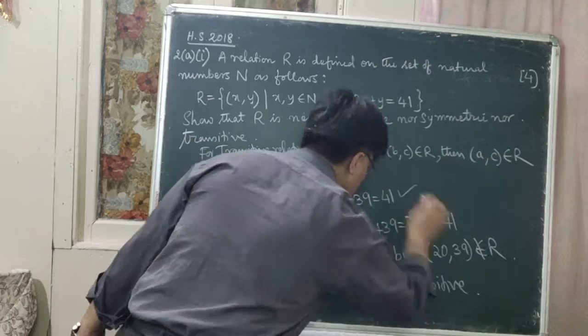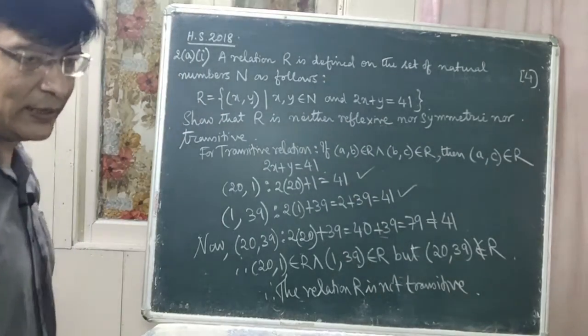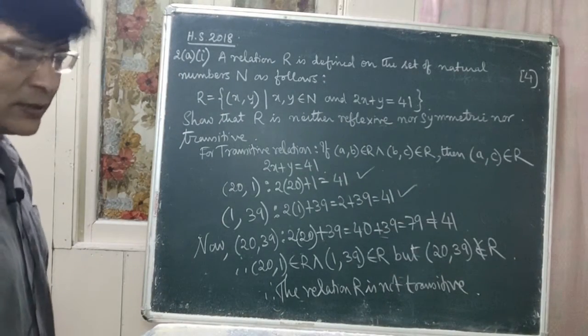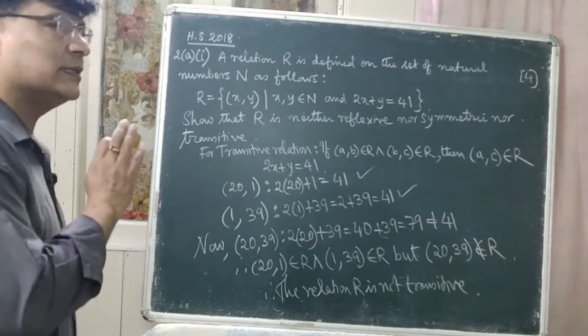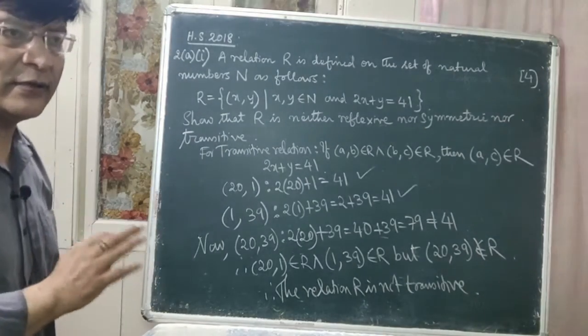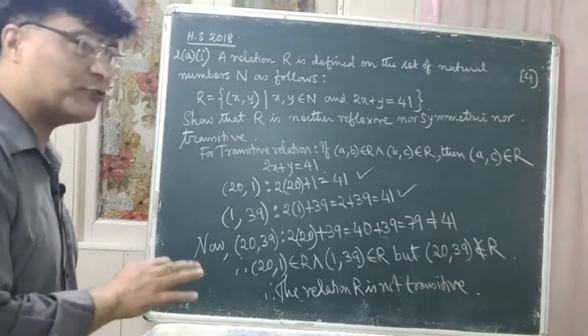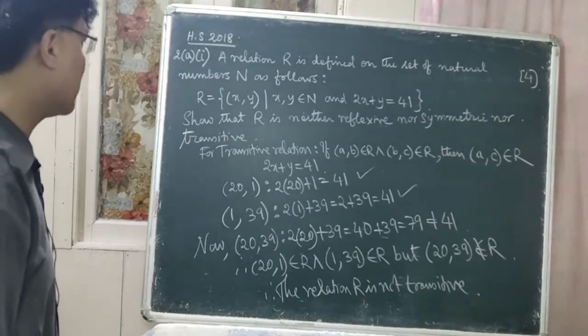Therefore, the relation R is not transitive. Okay? So I think you have understood it. So R is also not transitive. So hence the relation R is neither reflexive nor symmetric nor transitive. So write down.